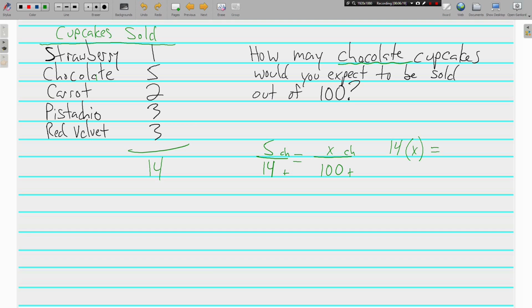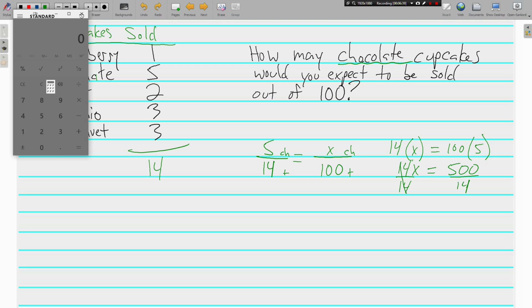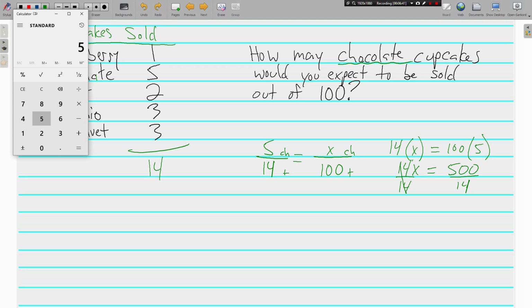14 times x is equal to 100 times 5. 14x is equal to 500. Divide both sides by 14. And, oh, I'm not doing that one in my head. I'm going to put it in the calculator. 500 divided by 14.